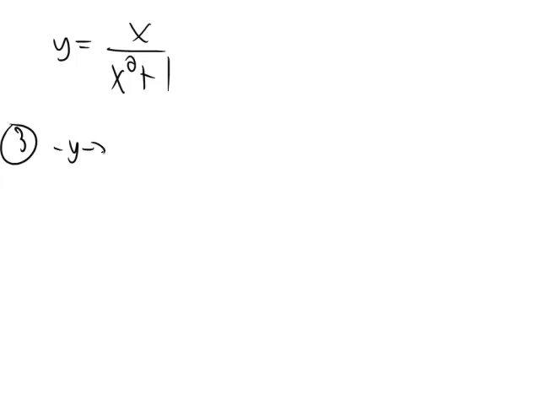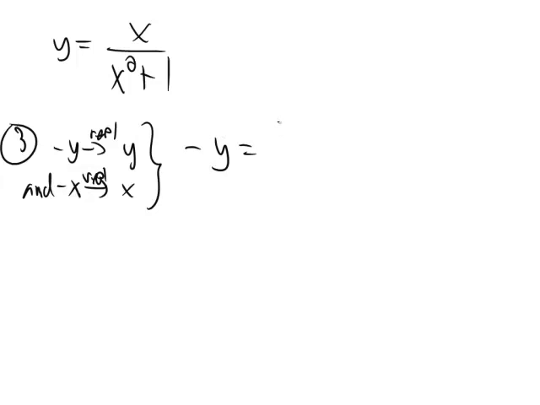Okay, so the function was y equals x over x squared plus 1. The third check is negative y replacing y, and at the same time, negative x replacing x. Okay, let's see what that does.